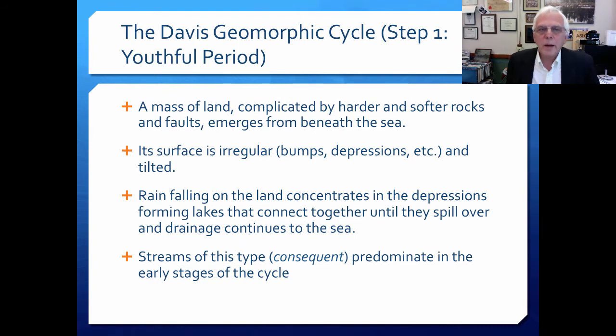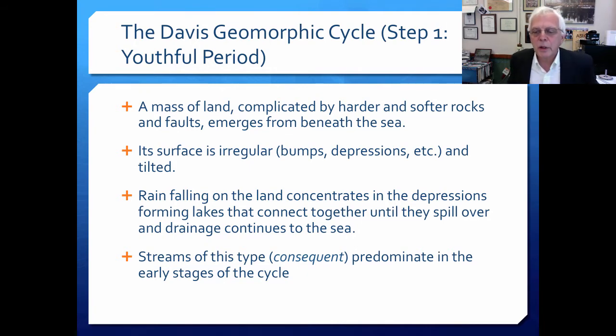So there are several steps in the Davis geomorphic cycle, and we'll start with step one, the youthful period. This is imagining some kind of terrain that's newly emerged from, say, beneath the sea, or maybe beneath a large glacier or something. Its surface tends to be irregular.